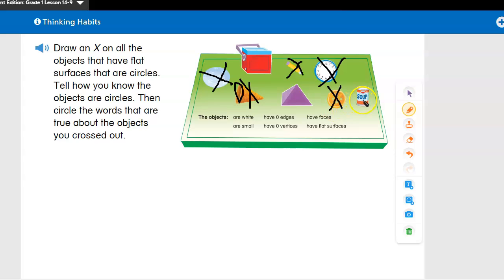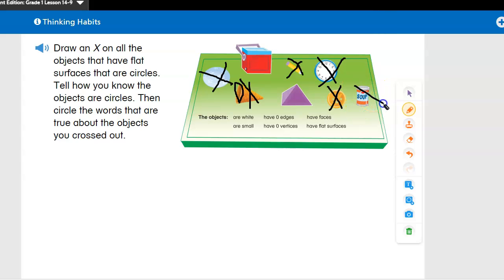Last one, we have a soup can. The shape of the can is a cylinder, and we just got done talking about cylinders when we looked at our glue stick up here. A cylinder is a shape that has two flat surfaces that are circles on it. When I look at the top of my soup can and the bottom of my soup can, is that a flat surface that is a circle?